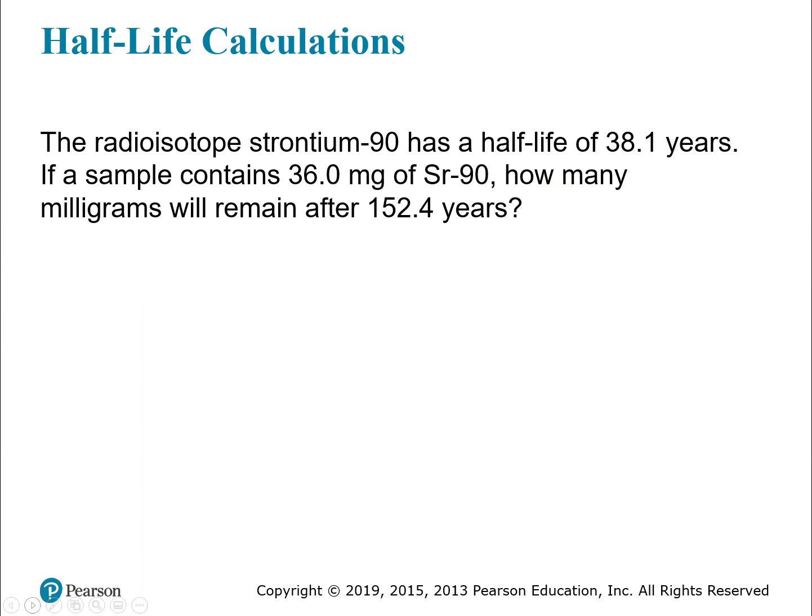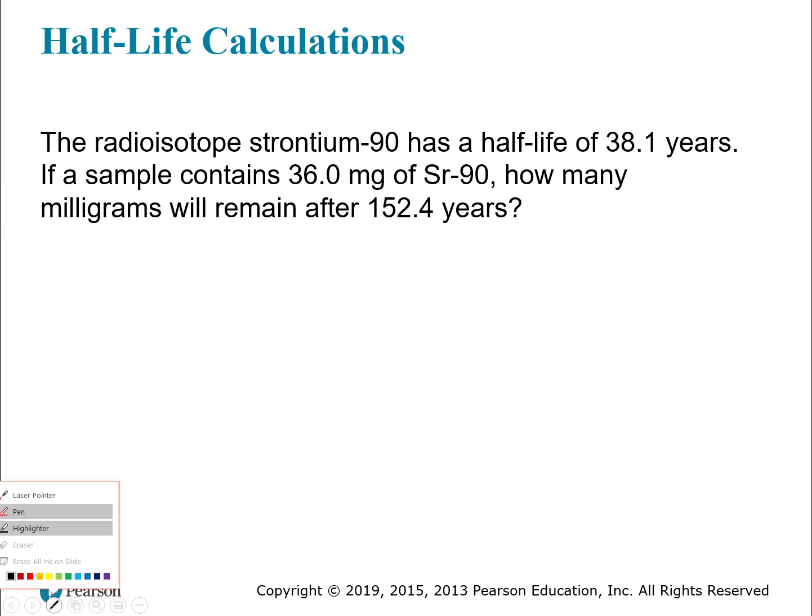We've got the radioisotope strontium 90, and it has a fairly long half-life, 38.1 years. If a sample contains 36 milligrams of strontium 90, how many milligrams will remain after 152.4 years?